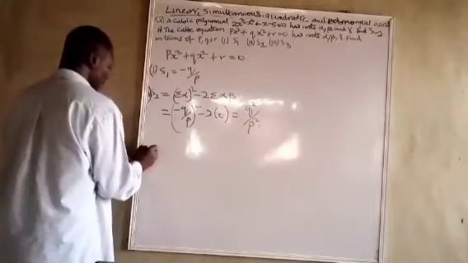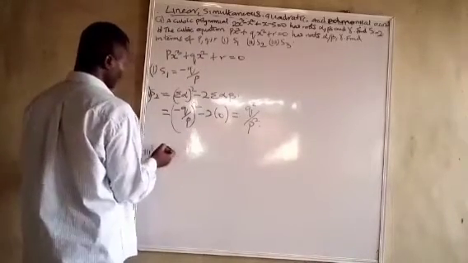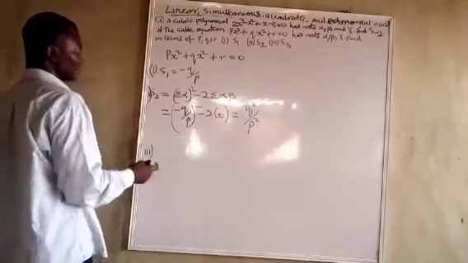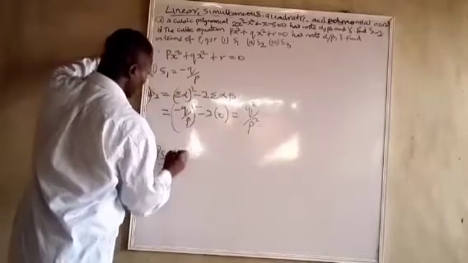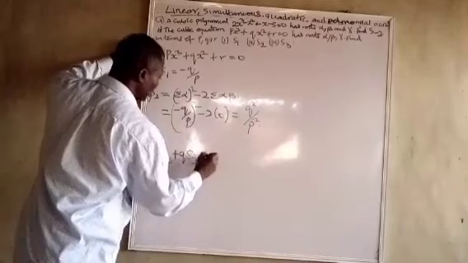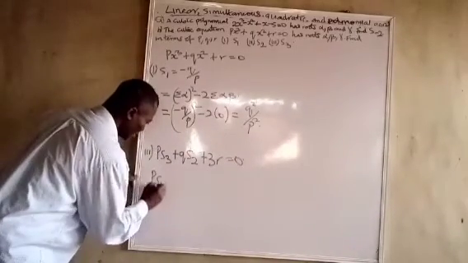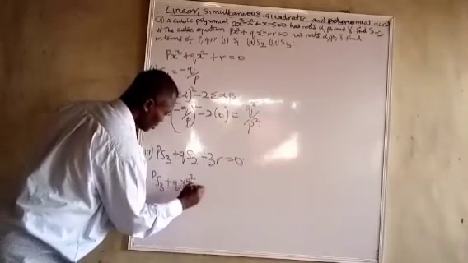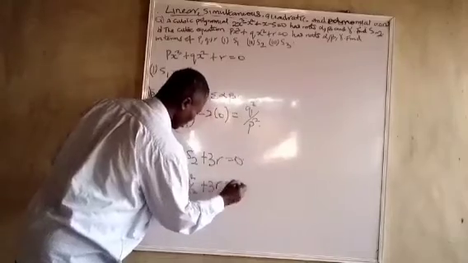Now for s3, let's do the formula, or we use recurrence. Okay, let's try this recurrence then. So we have p s3 plus q into s2 plus 3r is equal to 0. So we have p s3 plus q times q squared over p squared plus 3r equals 0.